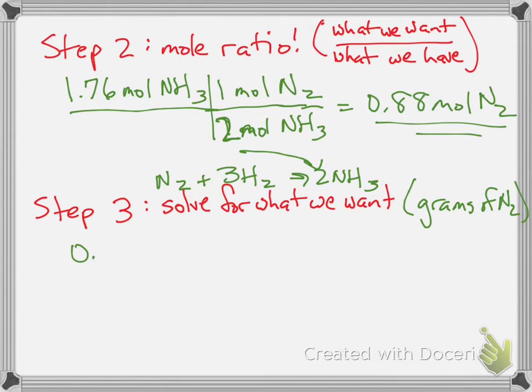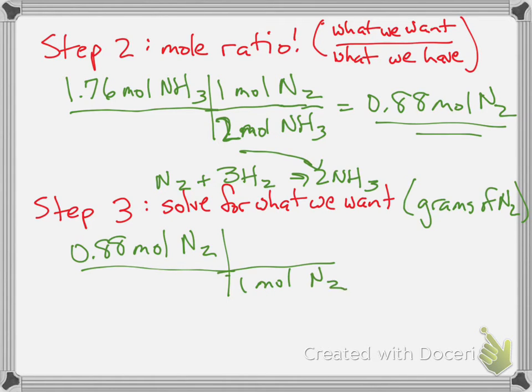So I'm going to go ahead and carry down this 0.88 moles of nitrogen. And we're going to set up another easy one-stepper here. And the conversion factor here, we're going to cancel out moles by putting that on the bottom. And on top, if we want to go from moles to grams, the conversion factor is always the molar mass.